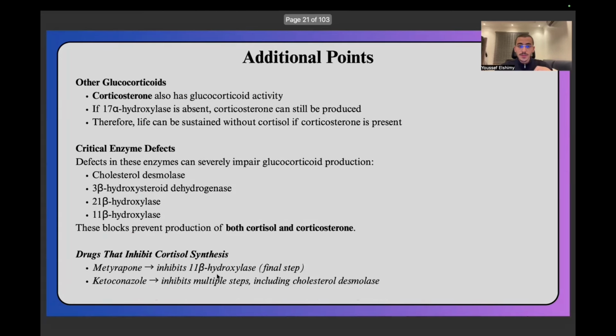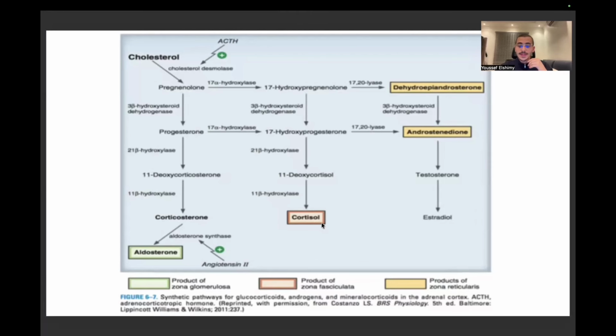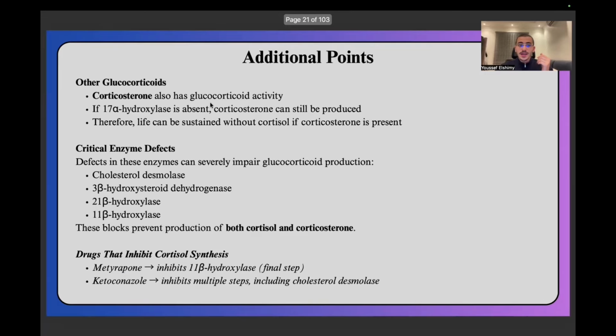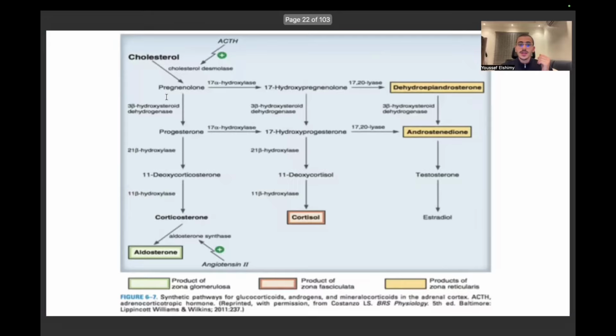Okay? So, an additional point is that not only cortisol has glucocorticoid activity, corticosterone also has glucocorticoid activity. So in case, for example, you have a deficiency in the enzyme 17-alpha hydroxylase, these metabolites are going to be shunted to this pathway. So pregnenolone and progesterone cannot be shunted to the glucocorticoid pathway.